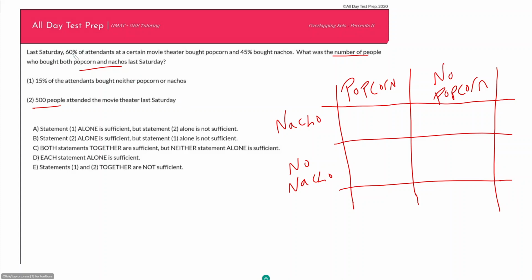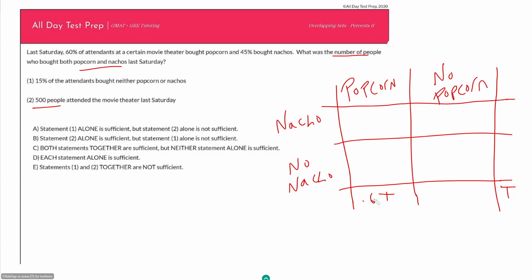So here, when we start filling in, we can't just put 60 and 45 into our boxes. So last Saturday, 60% of attendants at a certain movie theater bought popcorn. So what that means is we have some number of total people, say T, who attended our movie theater. 60% of them, so that is 0.6T, got popcorn.